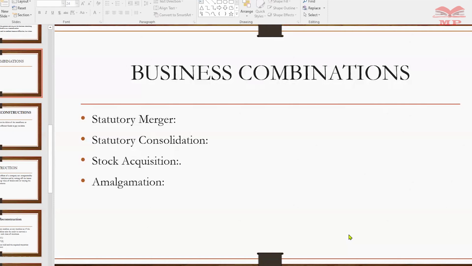Because the holding company, when you acquire more than 50%, you acquire the controlling interest. So whatever Company B does cannot go against the wishes of Company A. Company A runs the show. Company B continues.